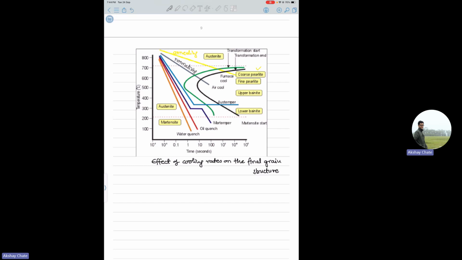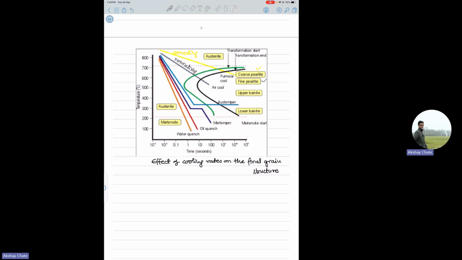Depending on your cooling rate, you get fine perlite or upper bainite, etc. Mostly you'll get perlite only, because usually bainite, etc., are hardened perlitic structures.